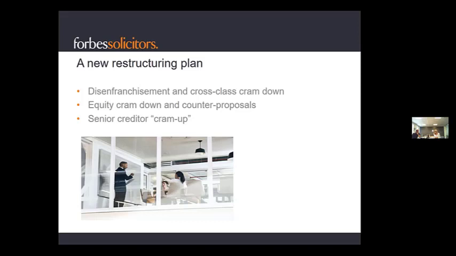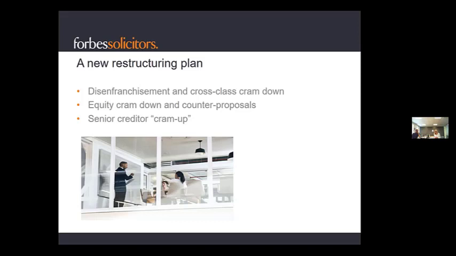But there can be some senior lenders that can be in very different positions. So, for example, where there is an intercreditor agreement in place, and there's a senior secured class, they might not have the defence of any security enforcement available to them.